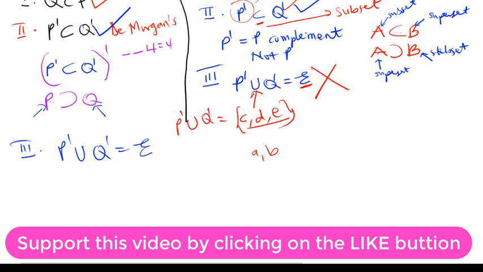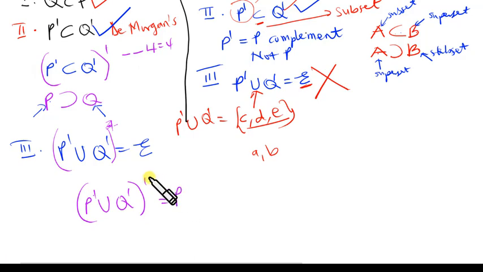I will just have to take the complement of each side, because what I'm trying to say is that P complement union Q complement, if you take the complement of everything, the two must be the same. So the complement of P complement is P, and the complement of the union will change to intersection, and the complement of Q complement will be Q. So the new question is, is P intersection Q equal to the universal set? That is the question. So I'm not dealing with complements again.